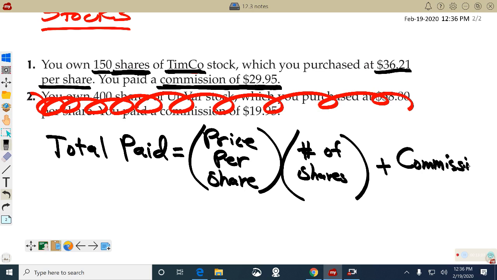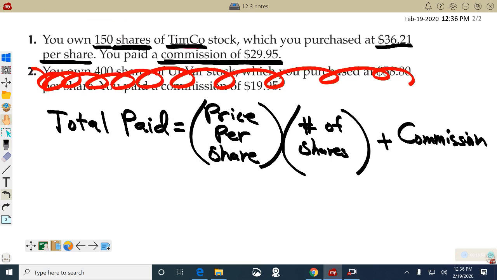That's pretty intuitive, pretty straightforward, pretty common sense. How many shares am I going to buy? Multiply that by the price per share, and then I'm going to add the commission. So what's my total paid? All right, no big deal. It's plug and chug.